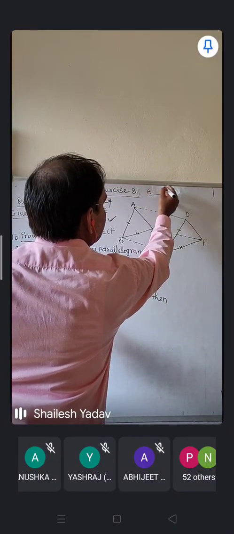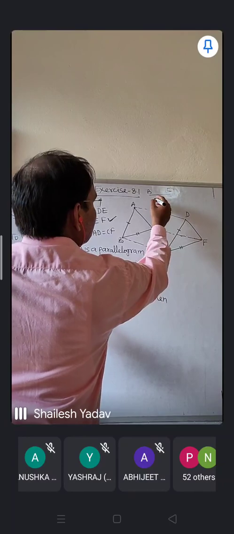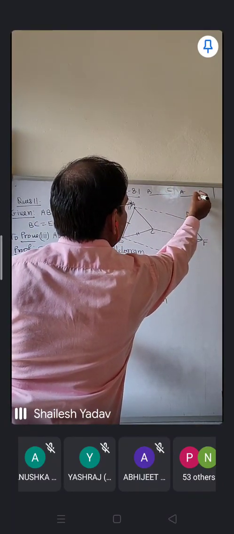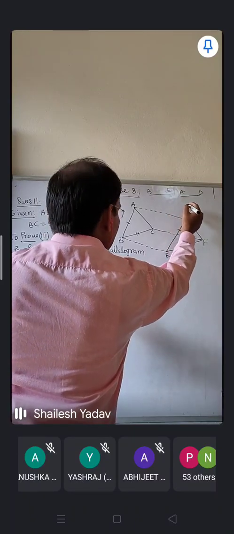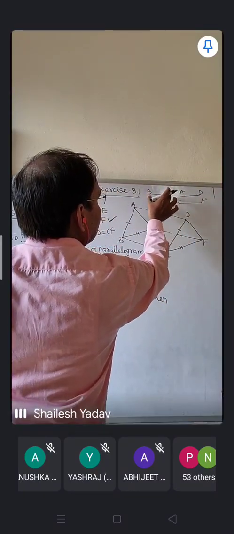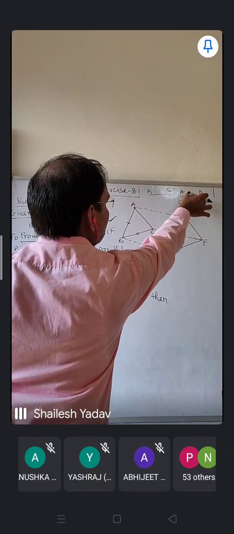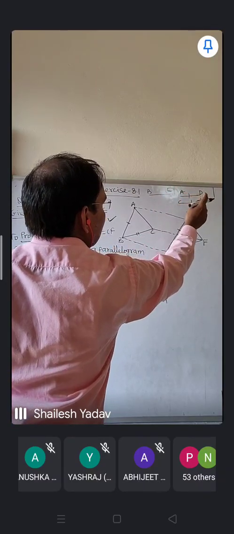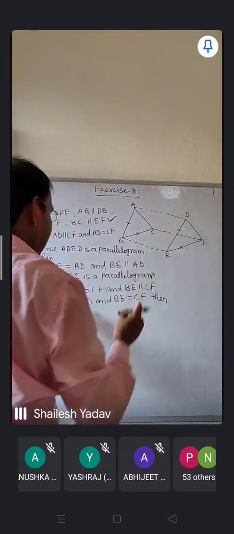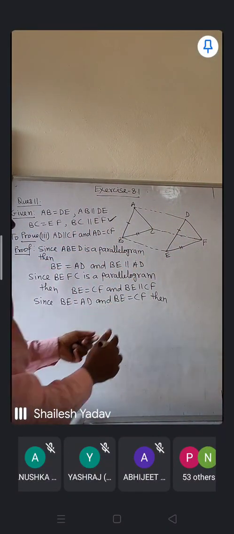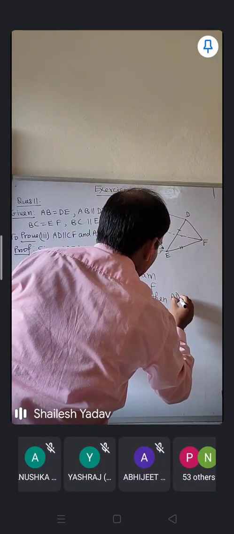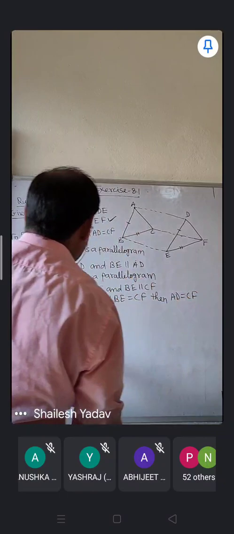Suppose that here it is BE, and BE is equal to AD, and in the same way BE is also equal to CF. It means if BE is equal to two different things, then both the things will be equal to each other. So here you will write, if BE equal to AD and BE equal to CF, then AD equal to CF.